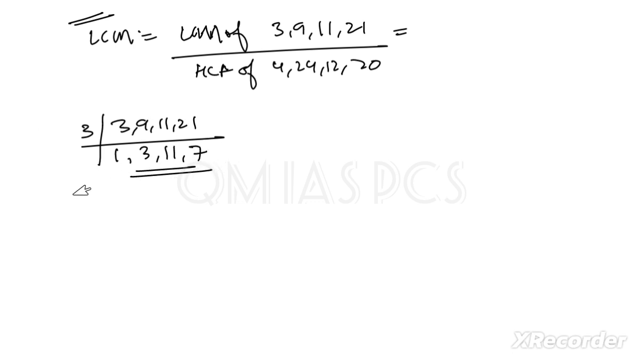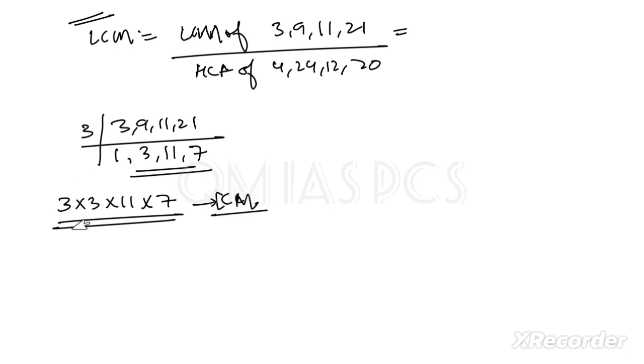So we can say that 3 multiplied by 3 multiplied by 11 multiplied by 7 is our LCM. What is the value? This is 9 multiplied by 77, which is 693. So the value will be 693 divided by HCF.